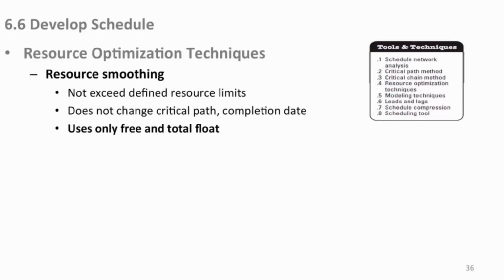Now there's a second option for resource optimization, called resource smoothing, as opposed to the resource leveling we saw before. Resource leveling would affect the critical path if you were leveling on the critical path. Resource smoothing is where you manipulate resource elements of activities that are not on the critical path.